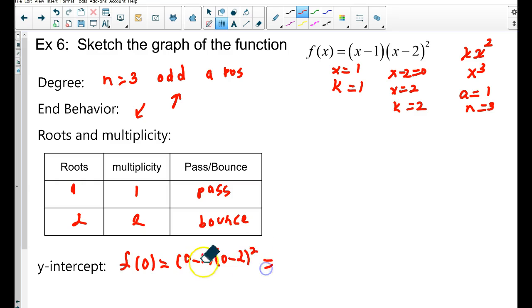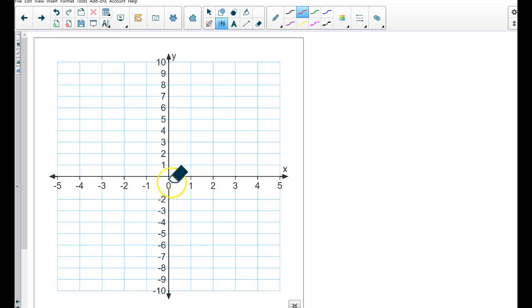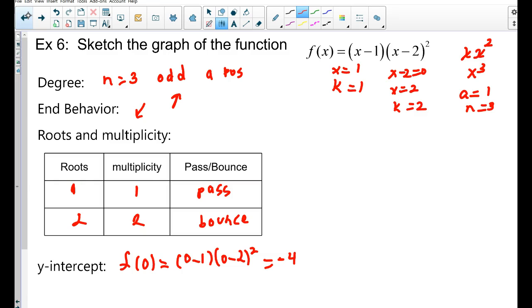So this is equal to -1 times +4, because -2 squared is +4, and that ultimately equals -4. We're going to use that information to graph this. So my y-intercept is -4, and my roots are 1 and 2.